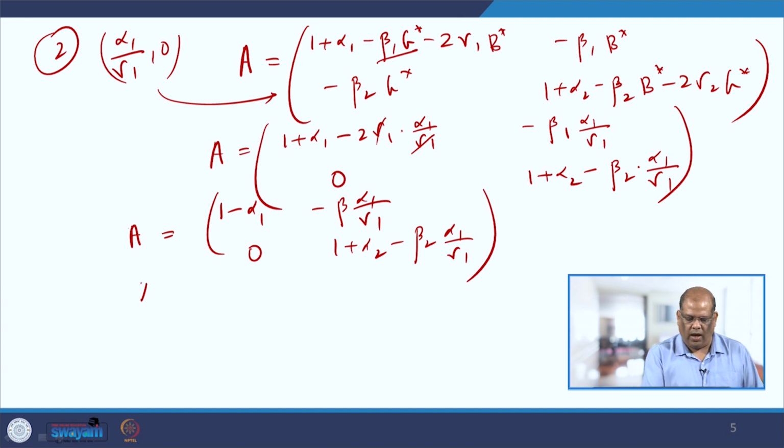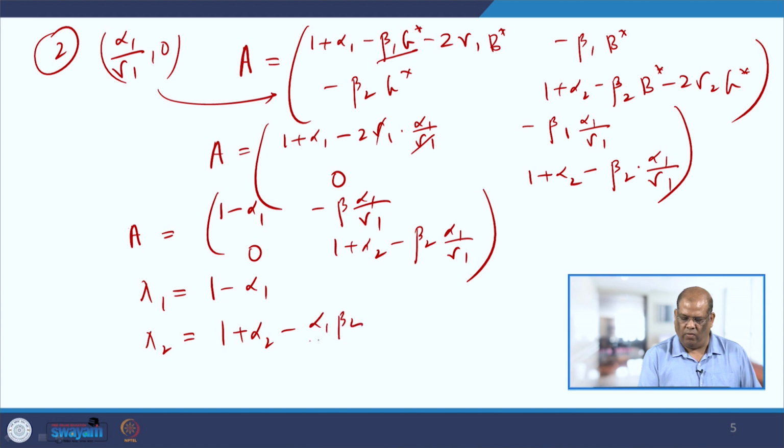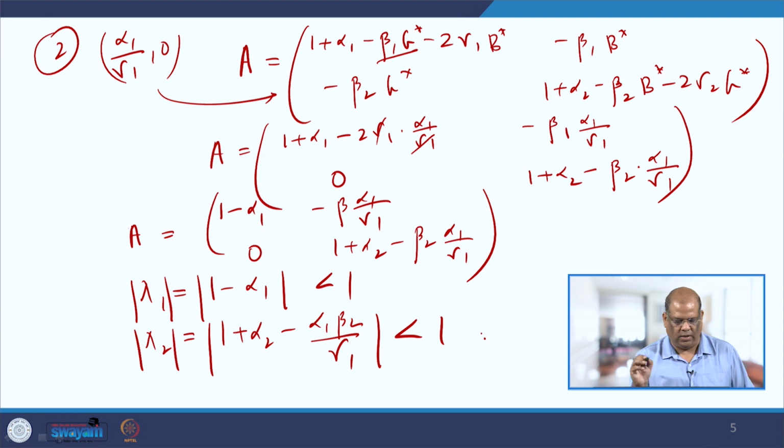So, the eigenvalues again, lambda 1 is 1 minus alpha 1 and lambda 2 is 1 plus alpha 2 minus alpha 1 beta 2 by gamma 1. For the system to be stable, the modulus of this must be less than 1 and the modulus of this must be less than 1. So, if this condition is satisfied, we can see that in this case the lion species survives, whereas the tiger species goes to extinction. So, this is stable provided these two conditions hold.